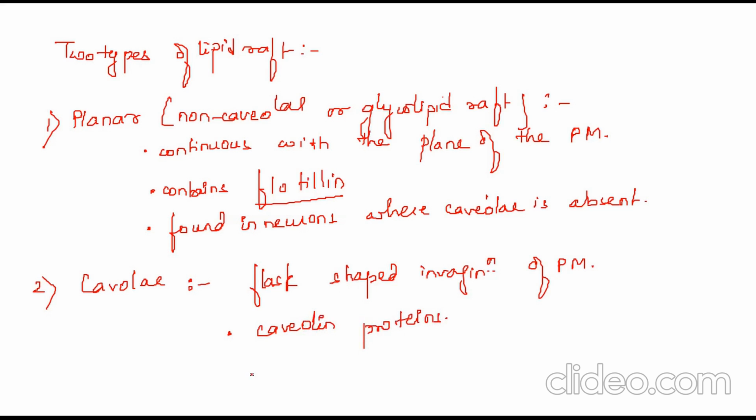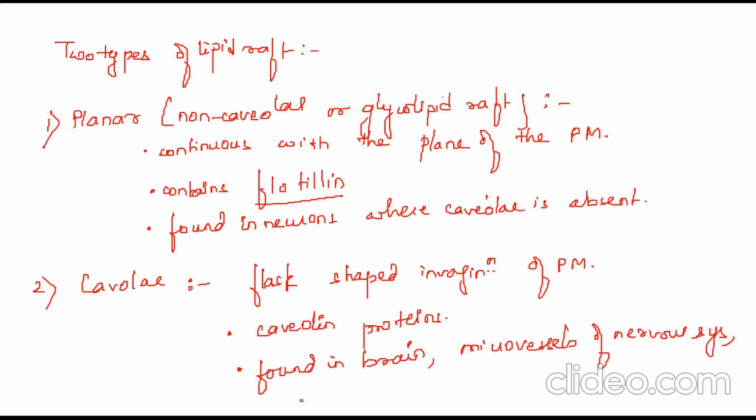They are found in brain cells, microvessels of the nervous system, endothelial cells, astrocytes, oligodendrocytes, Schwann cells, dorsal root ganglia, etc. I'm not writing all.